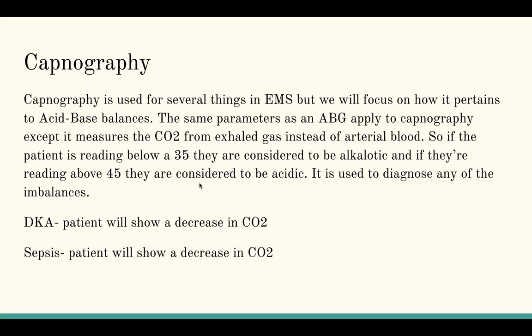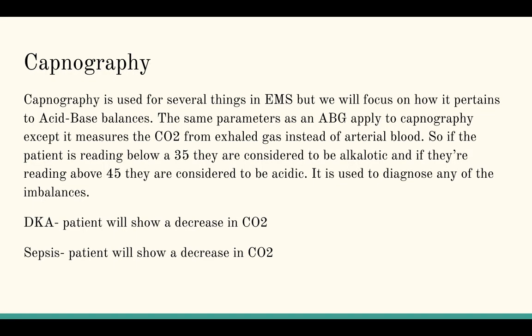One thing I will say about capnography is that DKA patients and sepsis patients will show a decrease in CO2 instead of an increase, even though those are both acid-induced imbalances.